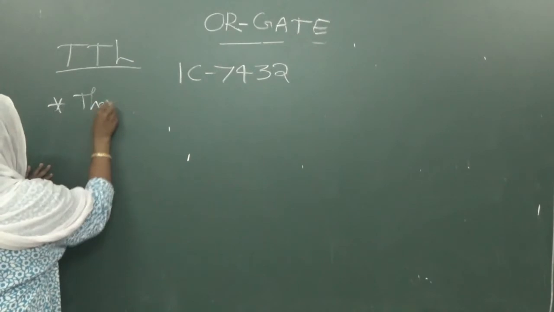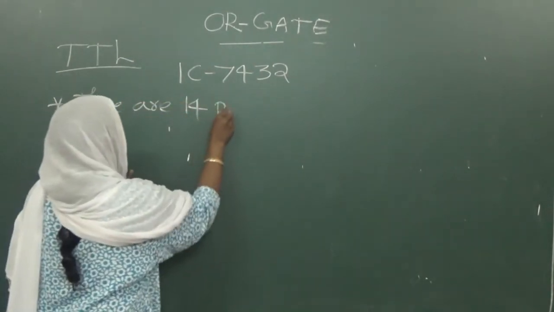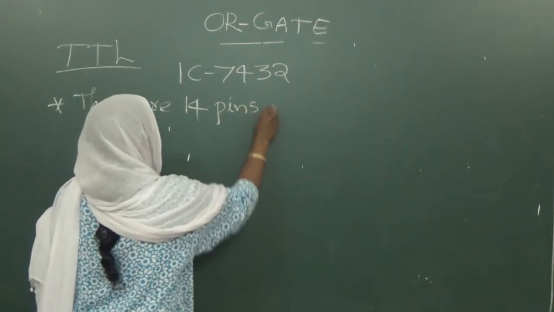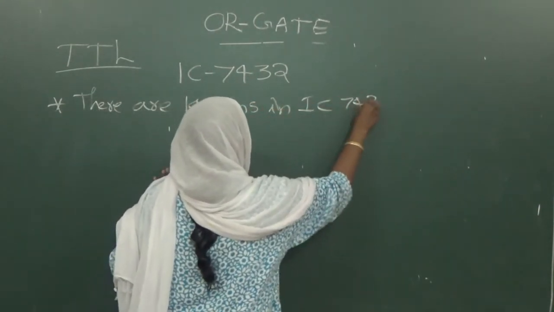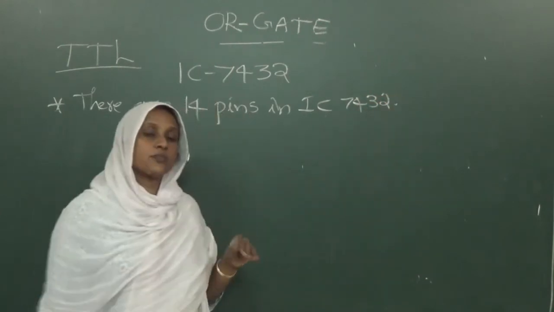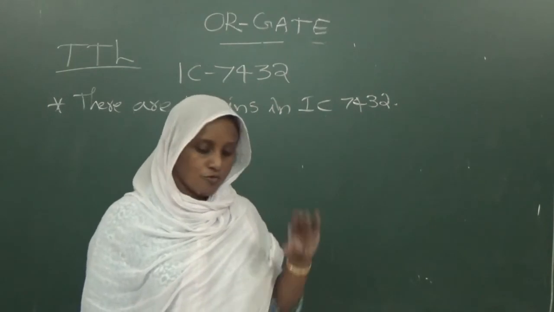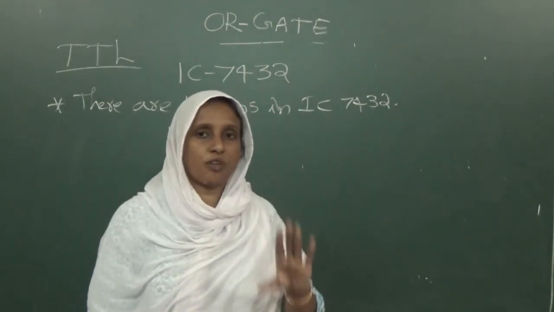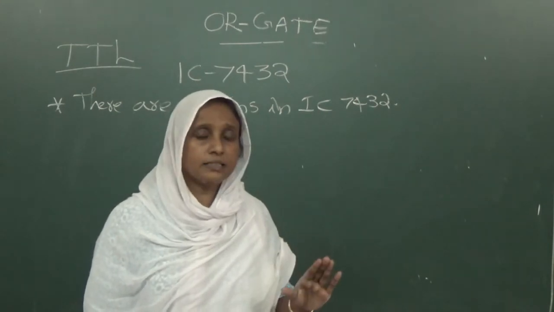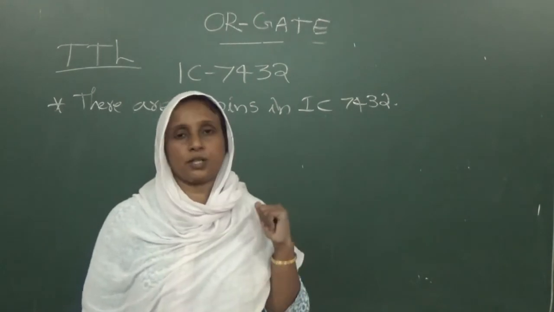There are 14 pins in this IC 7432. As we already found in the case of the inverter or NOT gate, the 14th pin is used for providing plus 5 volt and the 7th pin is used to ground the circuit.